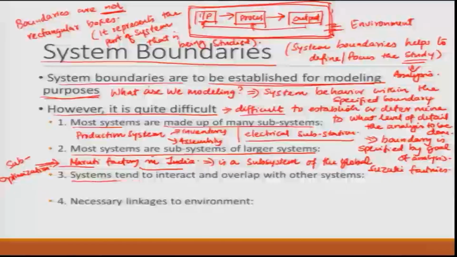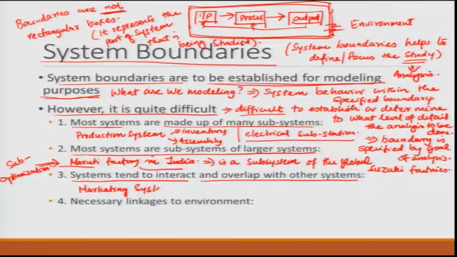Third part is systems tend to interact and overlap with other systems. Here, an example is the marketing system of a company, which sometimes tends to overlap with production.